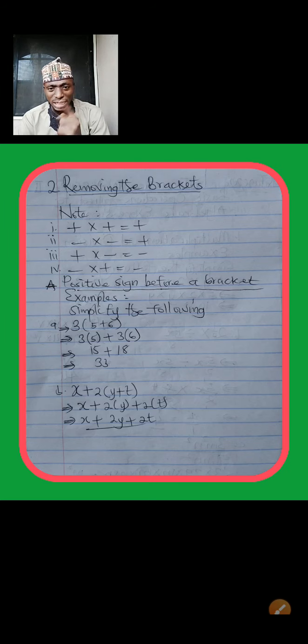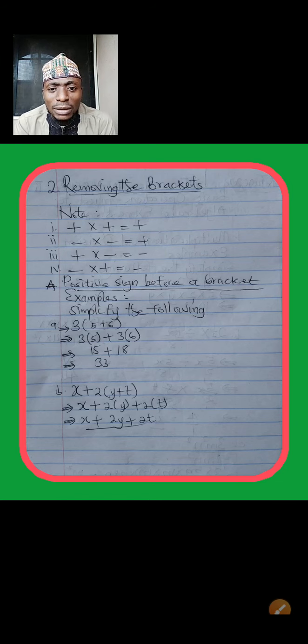So plus times plus is plus, minus times minus is still plus. But when it is a different sign, like minus times plus, it will be minus, or plus times minus, it will be minus. Take note of that. It's not hard at all. If it is the same sign, the answer is plus. If it's a different sign, minus. As simple as that.